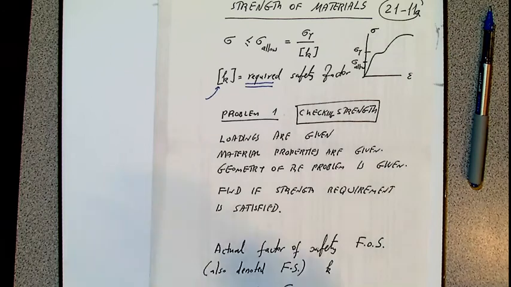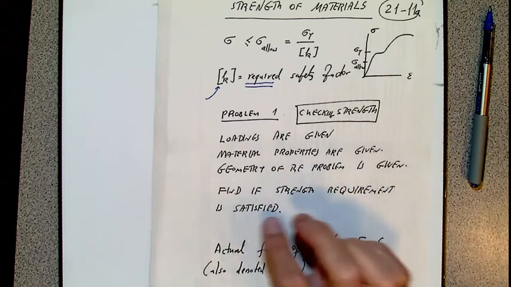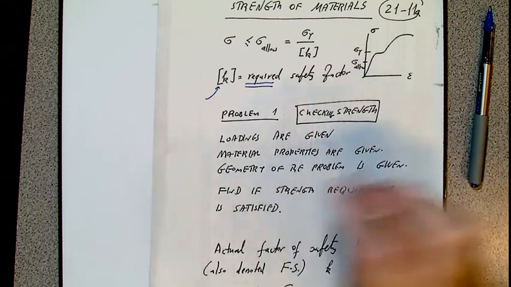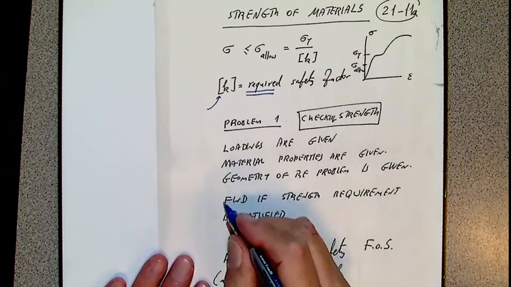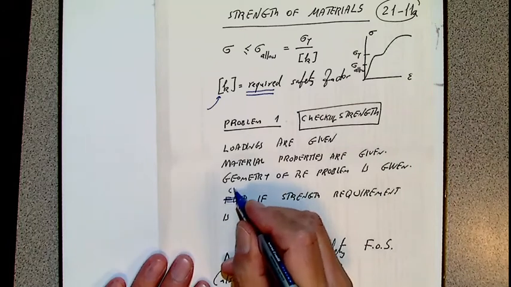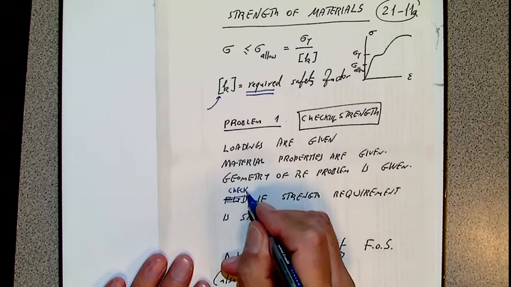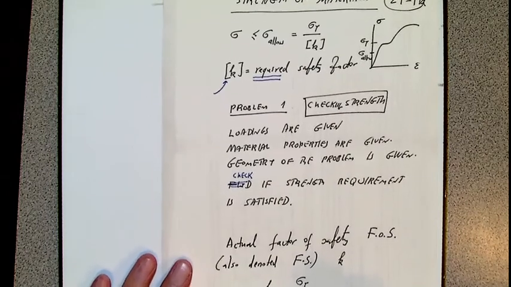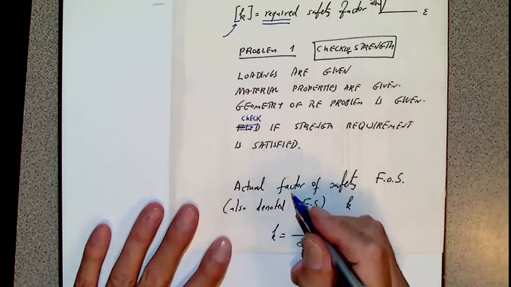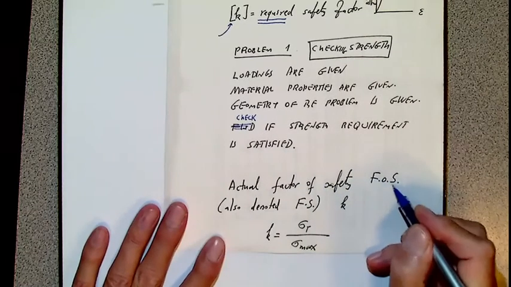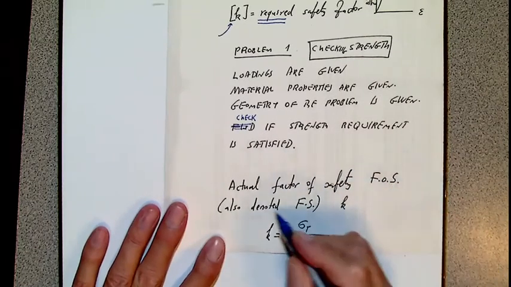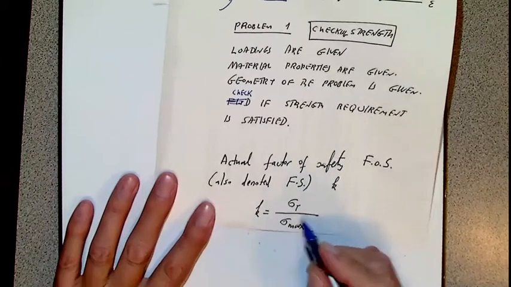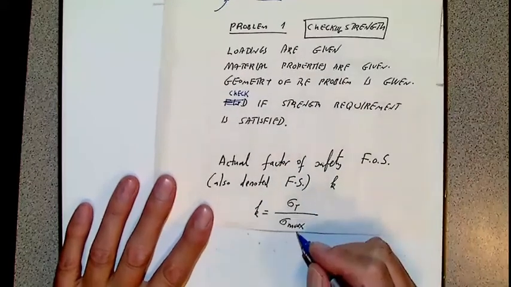Okay, check if the strength requirement is satisfied. Now, the actual factor of safety, FOS, also denoted FS or K, equals sigma y divided by sigma maximum.